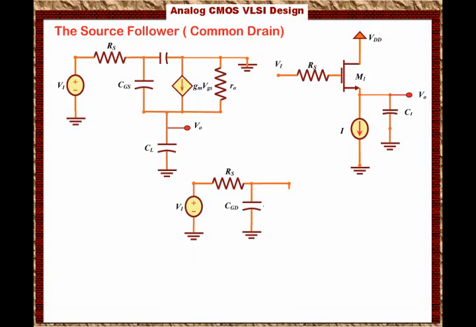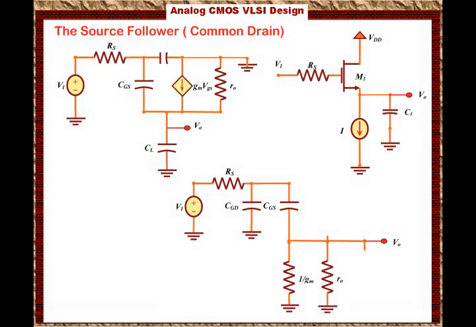Then from the gate to the source we have the capacitor CGS, and I will reflect the impedance of the current source at the source, which becomes a resistance equal to 1 over GM. And small RO is connected from the source to the drain, but the drain is grounded, so it is the same as saying that it is connected from the source to ground. And then we have CL connected from the source, or the output, to ground as well.